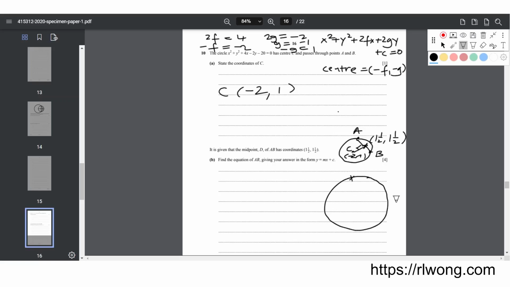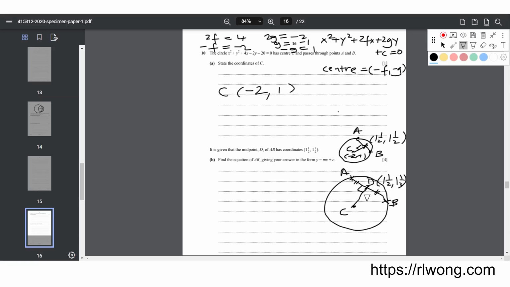So this is point A, this is point B. I have no idea where A and B are because it is not given, but I do know that this is its midpoint, D, and D occurs at (1.5, 1.5). And this is point C, which is the center. And we know that from C to D, it is perpendicular to AB. Next, we know that D will also lie on the line AB.